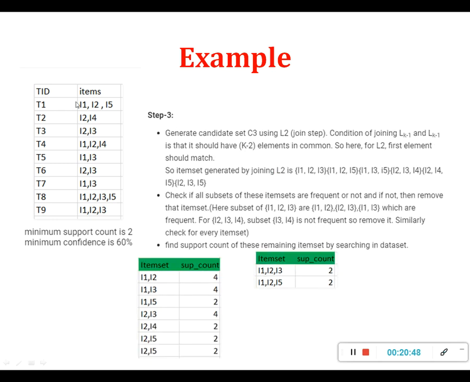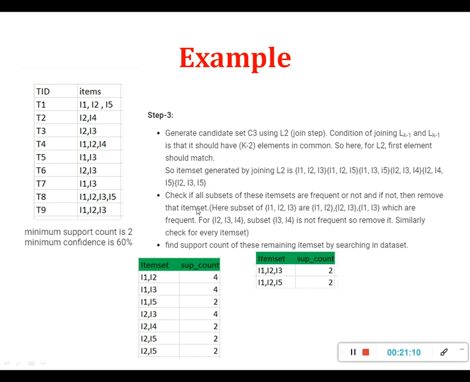Now what is the next thing? Now step number 3, we are going to find C3, that is K equal to 3. So how are we going to find it? We are generating the list C3 using L2. So this is my L2, which I have taken here as a table.